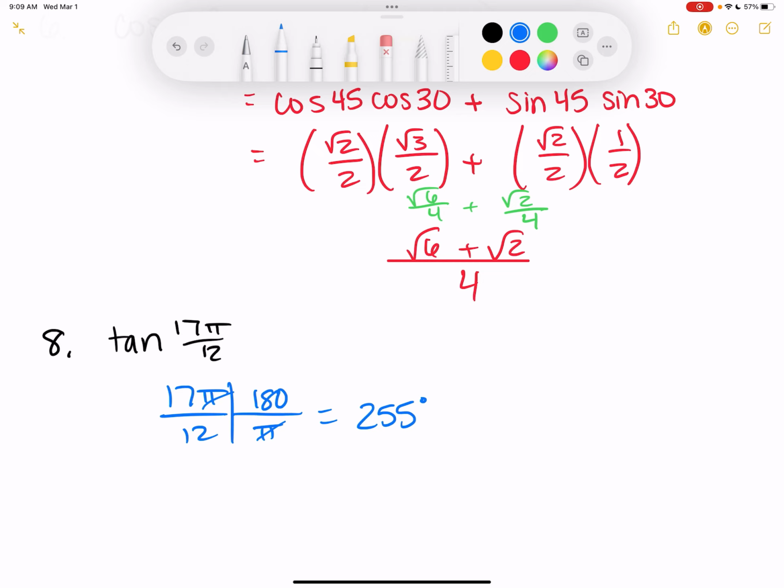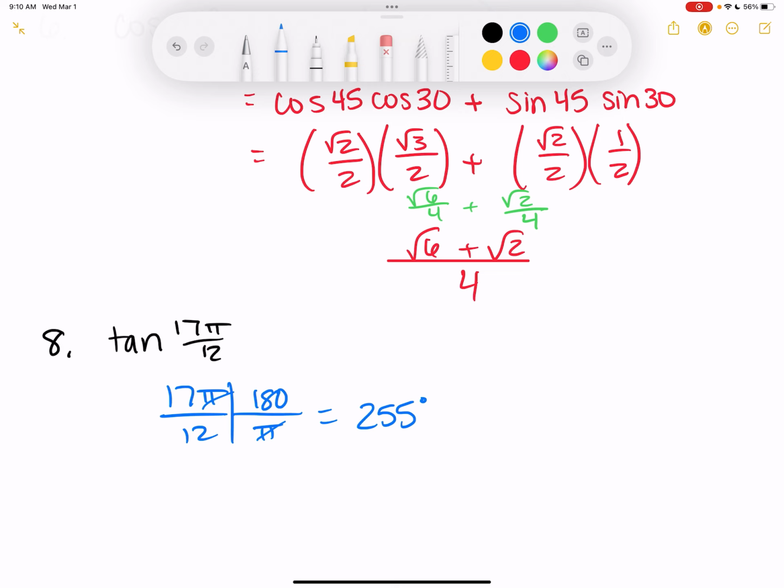You'll obviously be allowed to have your calculator, but like with the last stuff we did, you won't necessarily need it, but you'll be allowed to have it in case you have to do a conversion like this. So then I need two angles that when added together or subtracted can give you 255. 225 plus 30. Yep, sure.